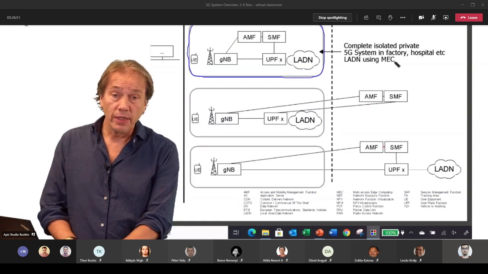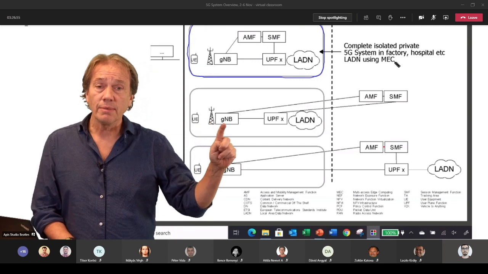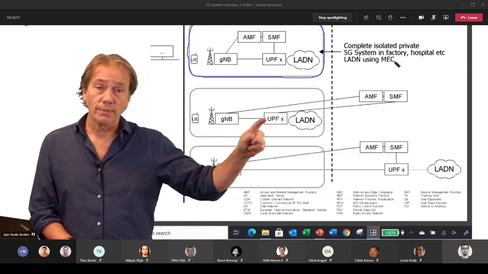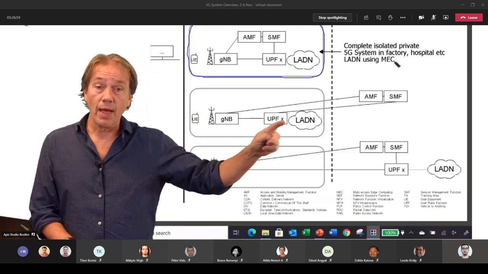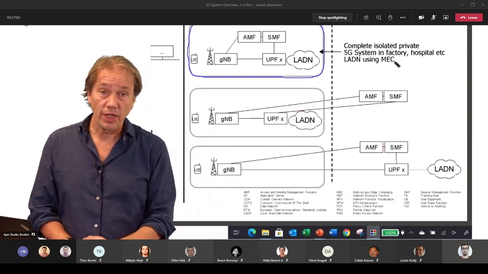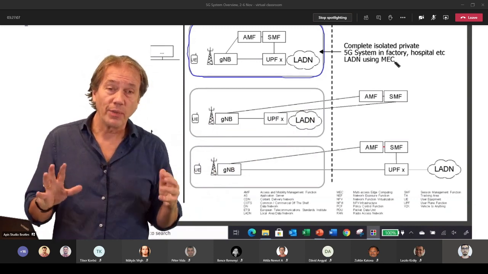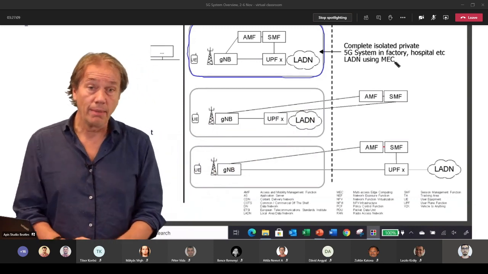Another scenario is that we have the base station and the user plane function, and also the local area data network itself inside the factory or hospital or campus.